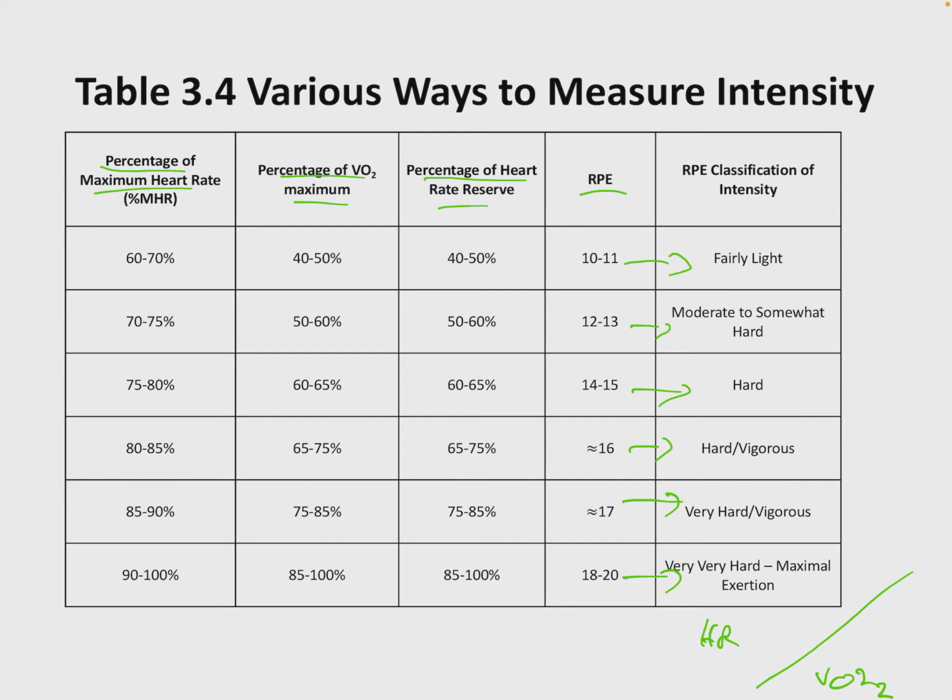This equation at the bottom, percentage max heart rate equals 0.64 times VO2 max plus 37, was developed by David Swain back in 1994, and it shows that linear relationship between heart rate and VO2 max. Most people are going to exercise between 50 to 90% of their max heart rate. Exercising above 90% is unsafe, especially for untrained beginners.